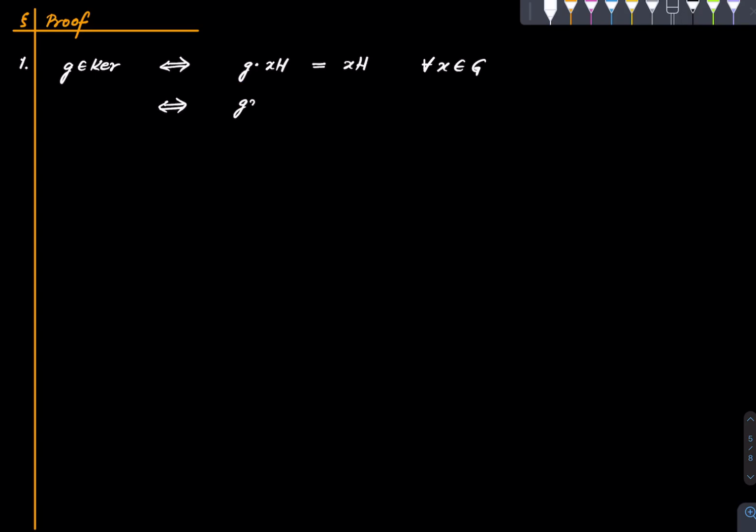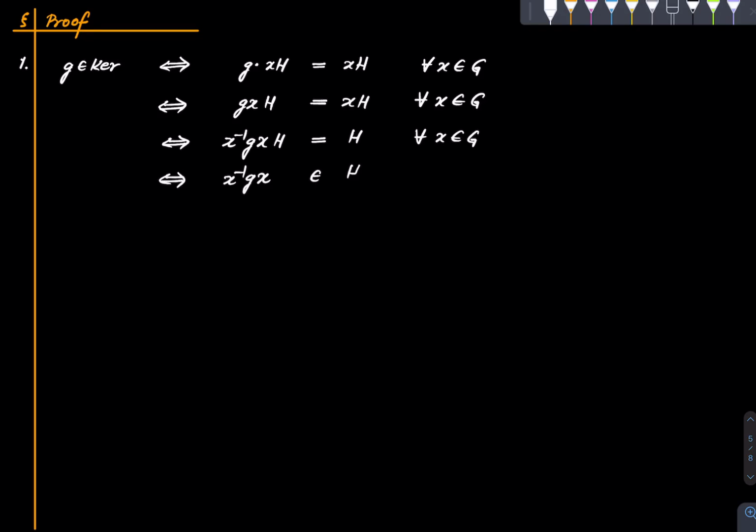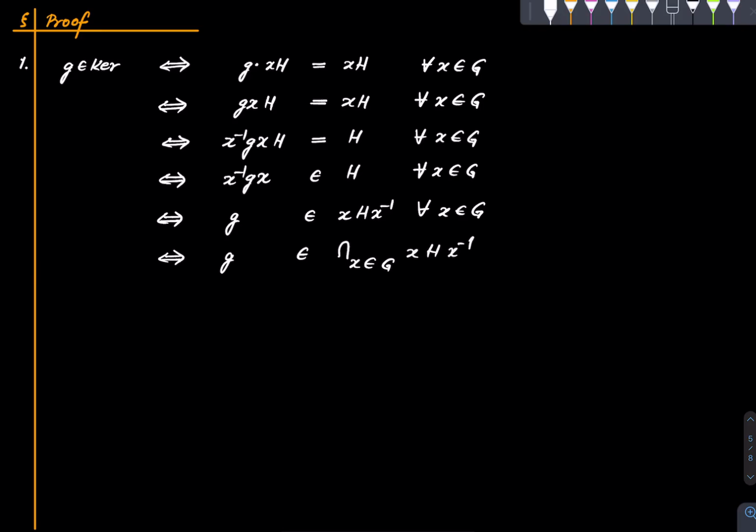So this is same as gxH equals xH for all x in G, which happens if and only if this is the case for all x in G, which happens if and only if this guy is in the subgroup H for all x in G, which happens if and only if g belongs to xHx inverse for all x in G, which happens if and only if g is in the intersection of all these conjugates of the subgroup H. So from this equivalence, g is in the kernel if and only if g is here.